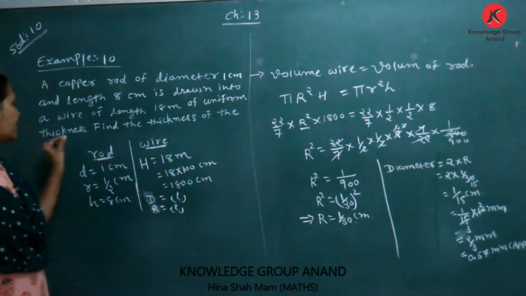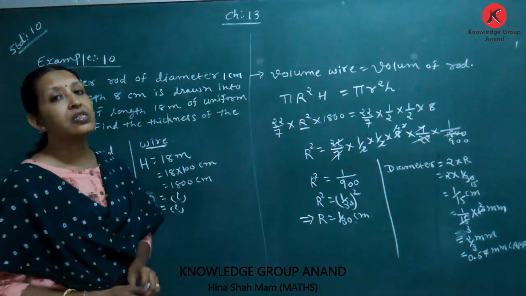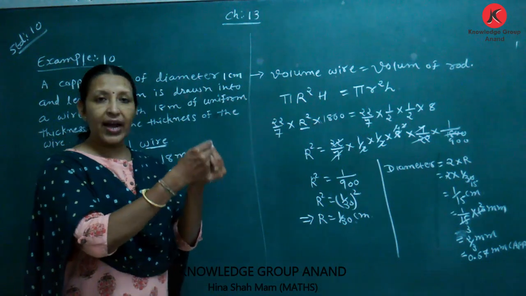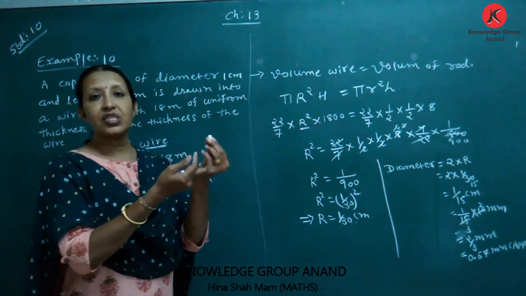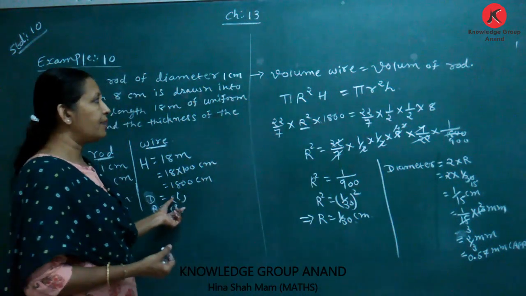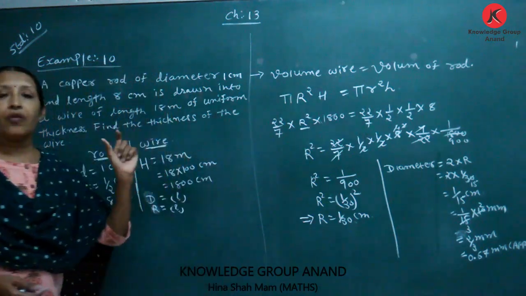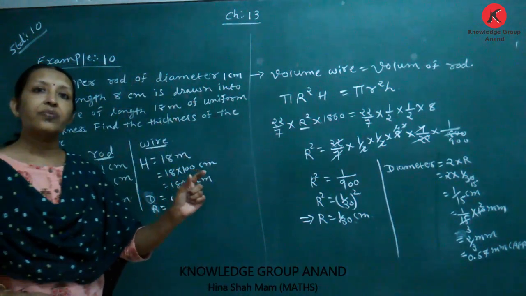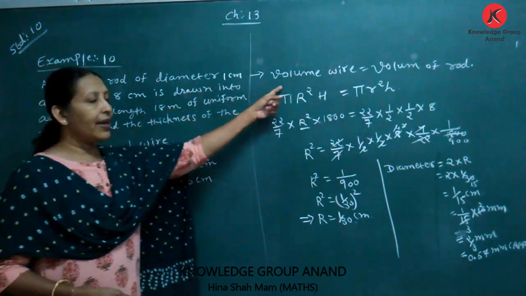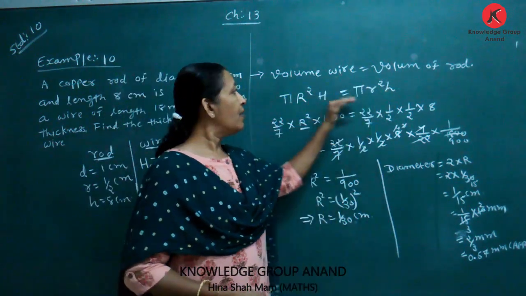Then what is thickness? The thickness of a wire is the cross section's diameter. Suppose it is a wire, its diameter is its thickness. We know the volume of wire is equal to the volume of rod.